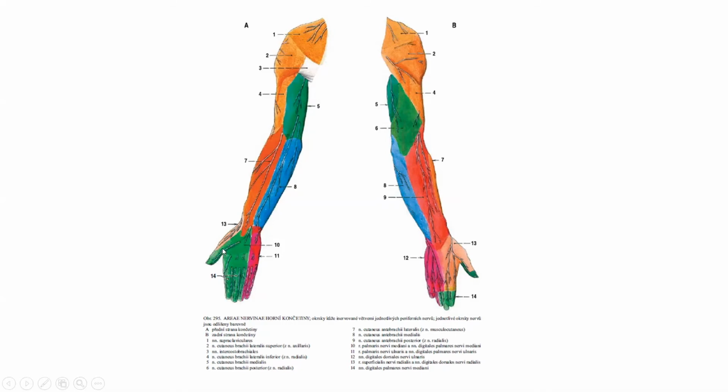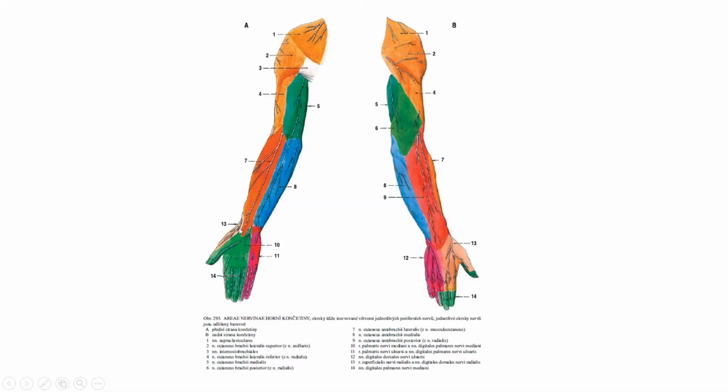The rest, it means the lateral 3.5 fingers plus the area of the palm of the hand in this area, is innervated by the median nerve, which is called the digital palmar branch of the median nerve.